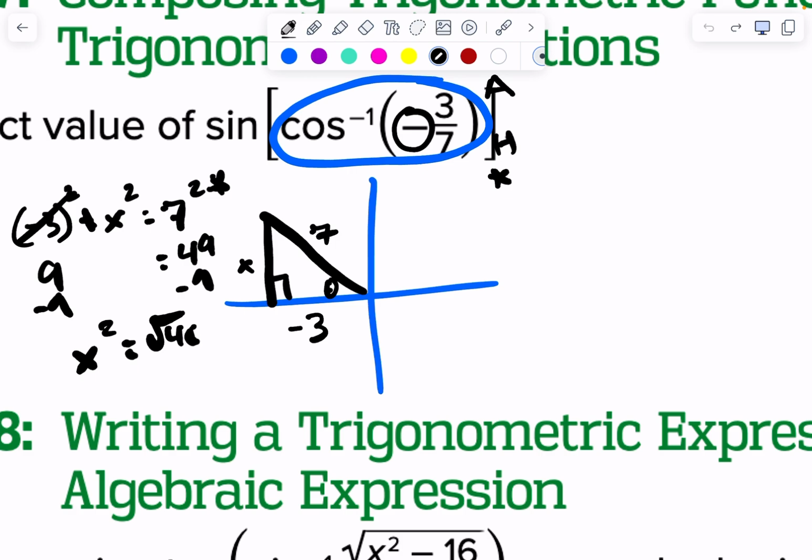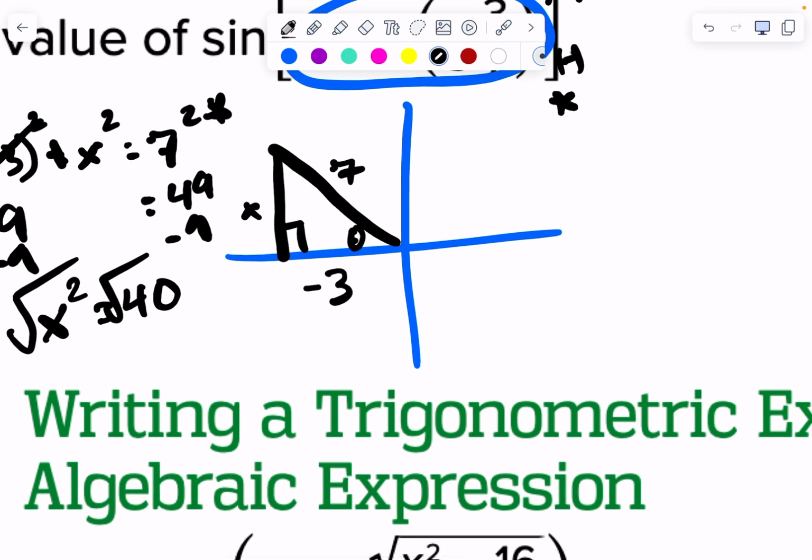Excuse me, x squared is 40, so x equals the square root of 40. Now, can you break down the square root of 40 in your head? 40 is 4 times 10, so it's 2 square roots of 10. Do you see what I'm saying? That's what that side is.